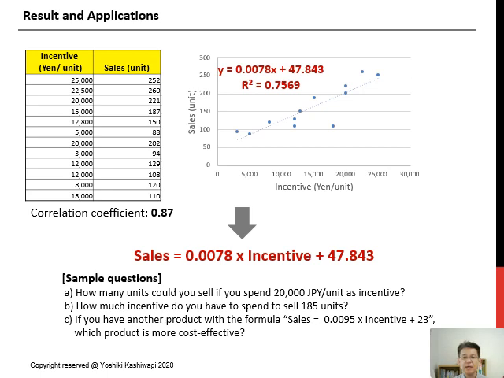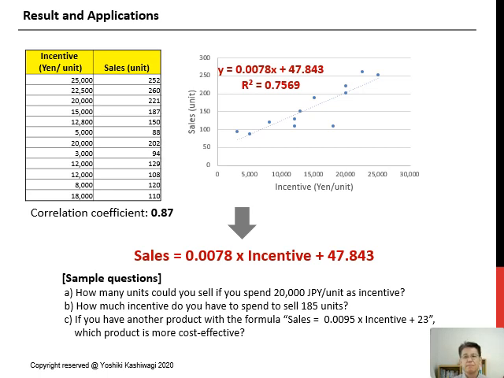In this case, that's 76%. So you can say, yes, the sales result can be explained by incentive, but only 76%. The remaining 24% is something other than incentive that determines the sales result.